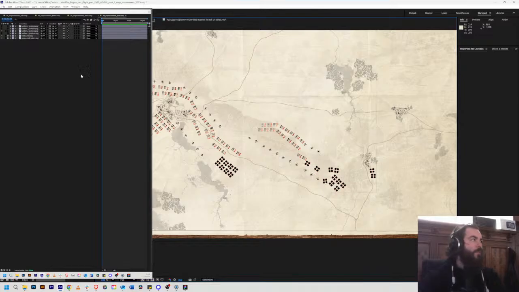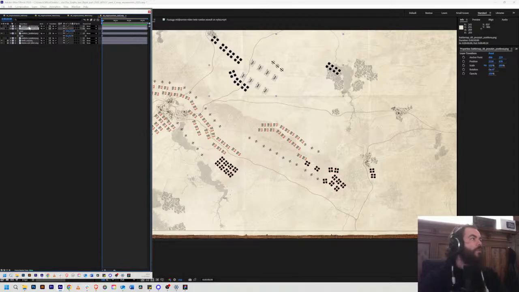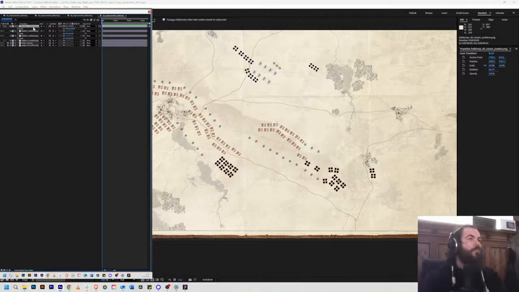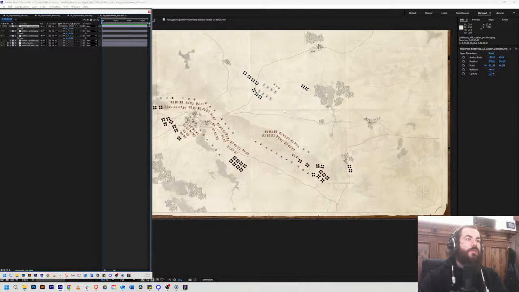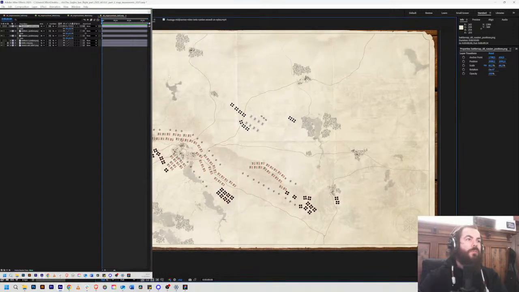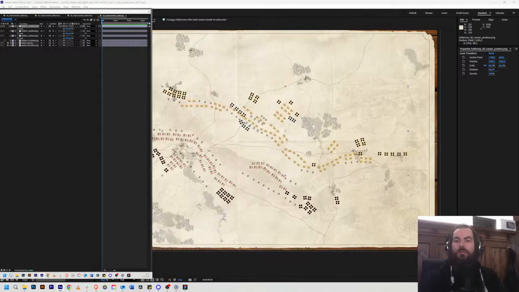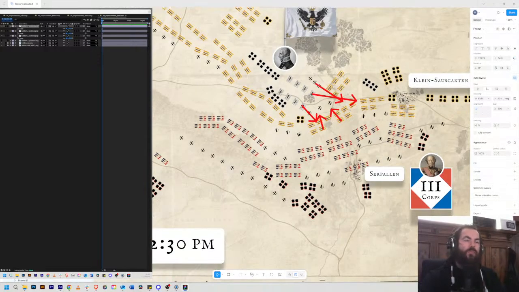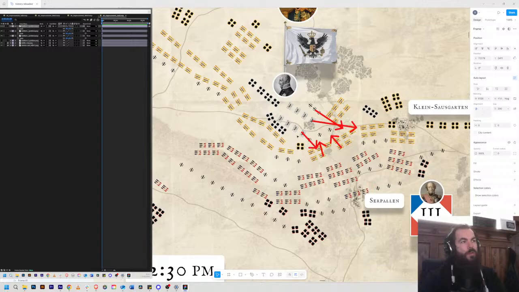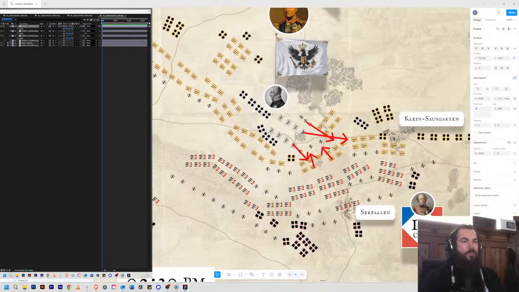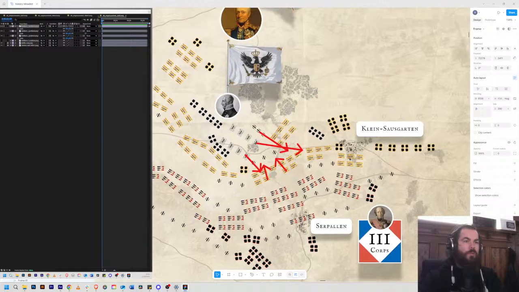Since they both have the same scaling, we can use this scale here and apply it on actually all of them, because they all have the same scaling. Now we just need to get the position right. The Russians first. It's a good point here, this one here.